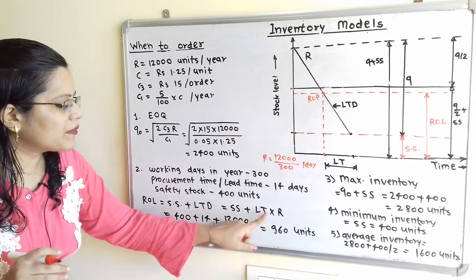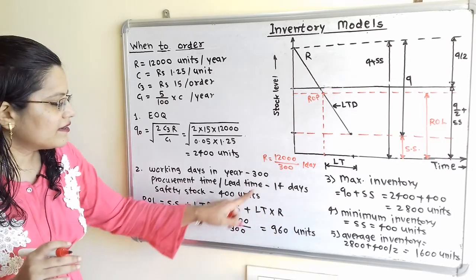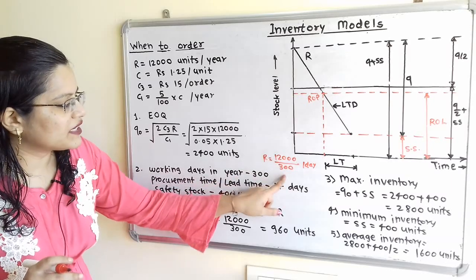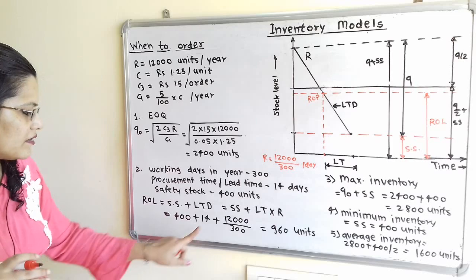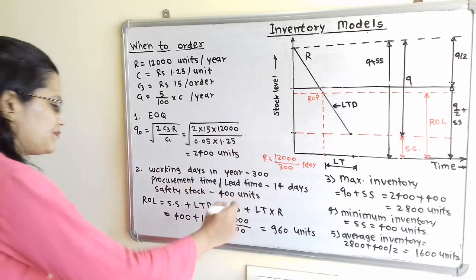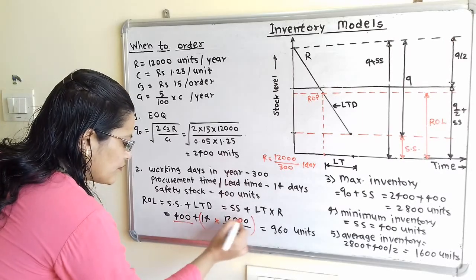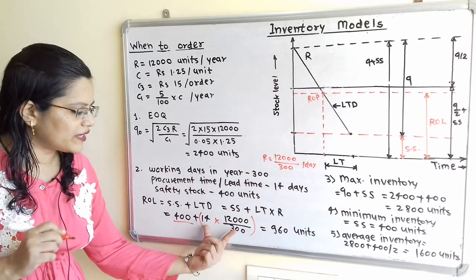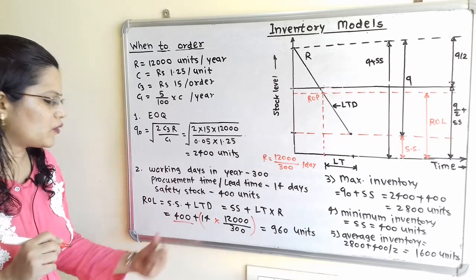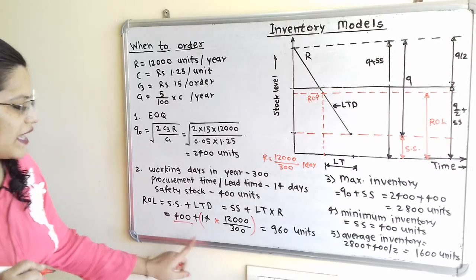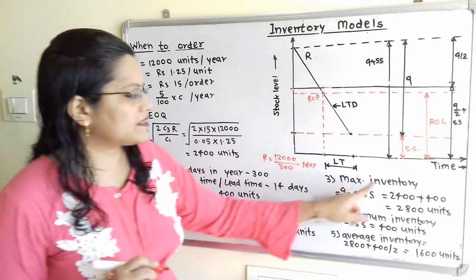That is lead time multiplied by R. This lead time is given in days, and R we have to take per day, that is 12,000 divided by 300. So I will take here 400 plus 14 into 12,000 divided by 300. We have to solve the multiplication bracket first, and then add this 400. So what is the answer? That is 960 units.